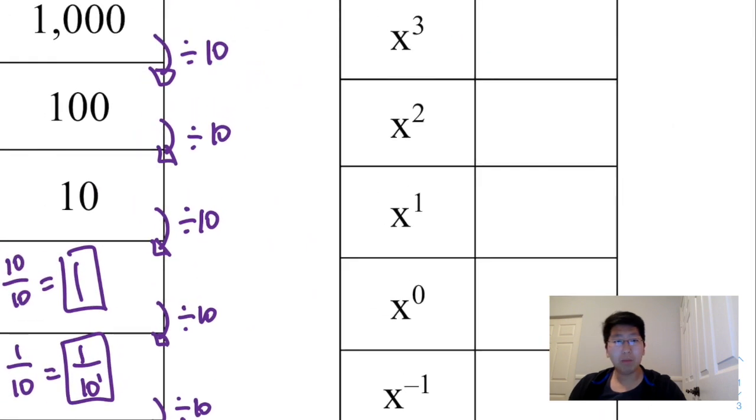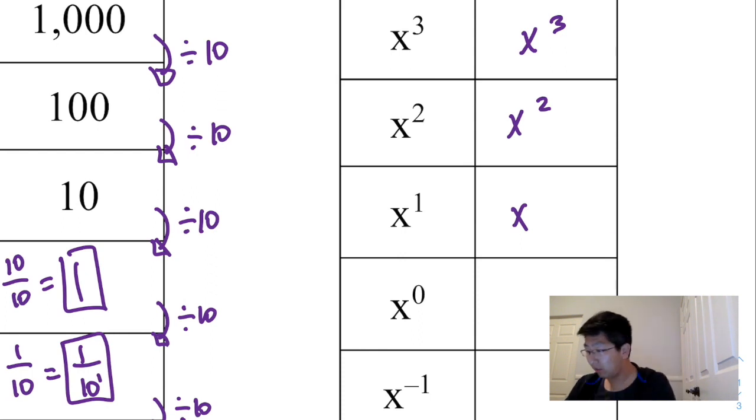X to the third power is going to be x to the third. X to the second power is going to be x to the second. And x to the first is x. So what we're going to do is divide by x. And x divided by x, anything divided by itself, is going to give you 1.